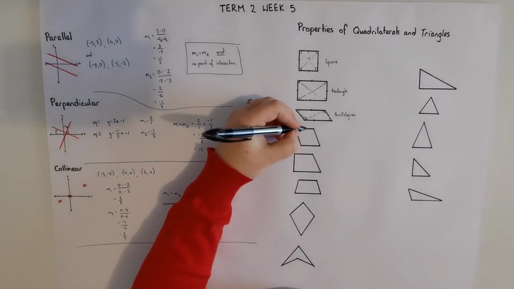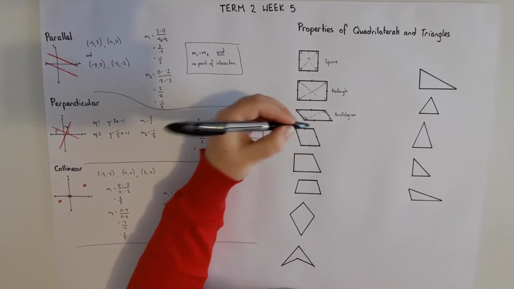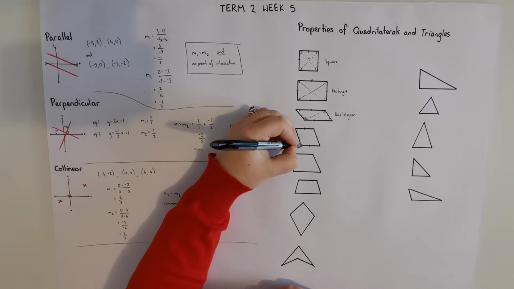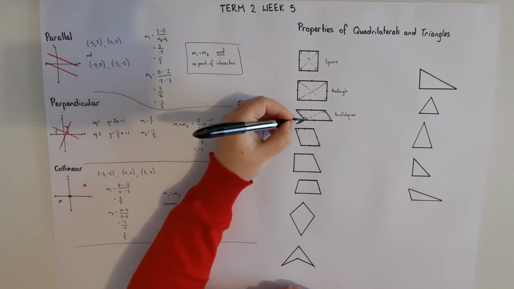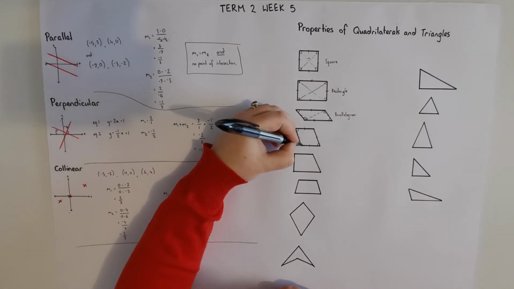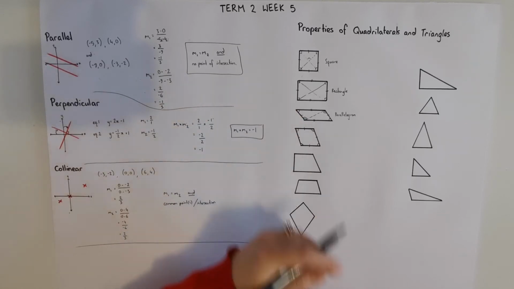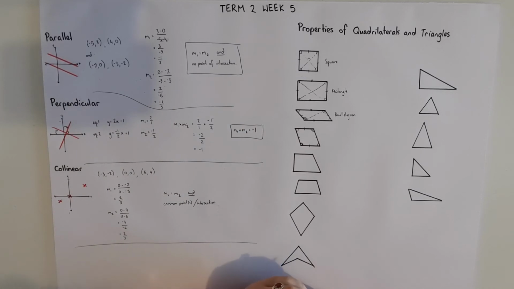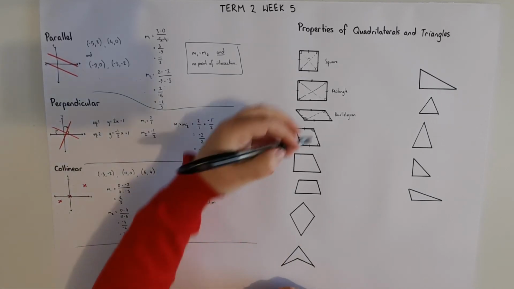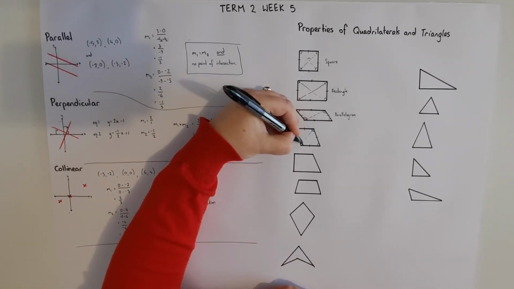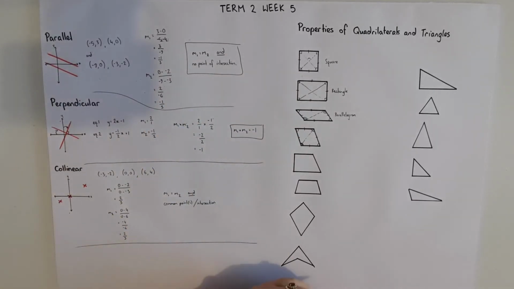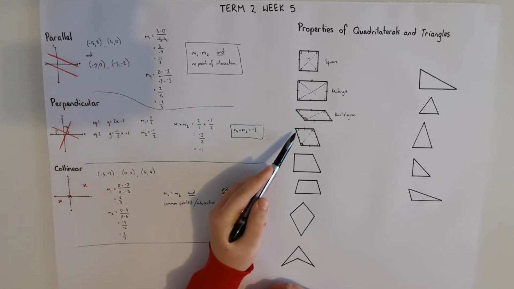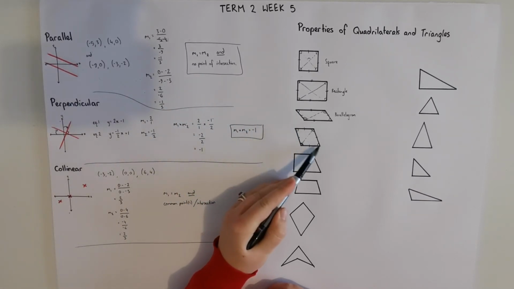Next, this looks like a square that's been slanted over. Once again, like a parallelogram, opposite angles are equal, not adjacent angles, and not all angles. Just like with a parallelogram, my diagonals cannot be treated the same. This diagonal is going to be shorter than this diagonal here.